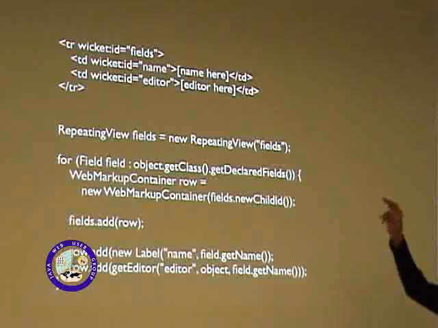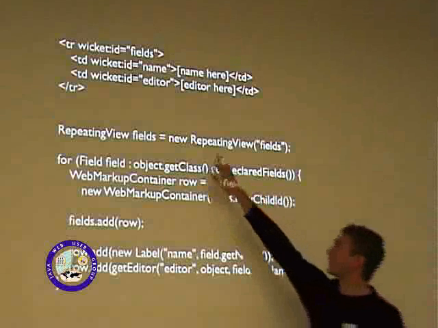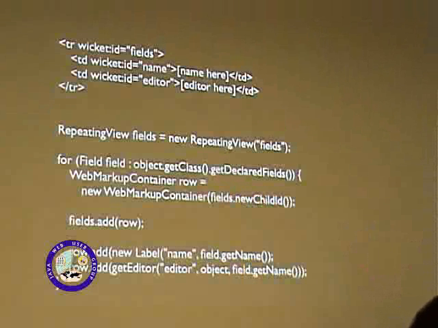If you look at the fields as this repeating view, this is a Wicket component. We've got field and fields. They should be rows. Yeah, rows would be better. So it's the new child ID function on the repeating view, not exactly field.